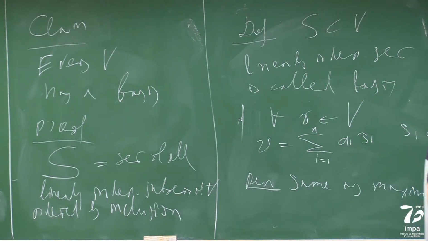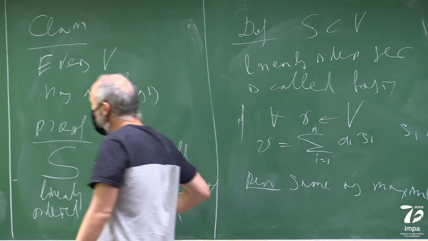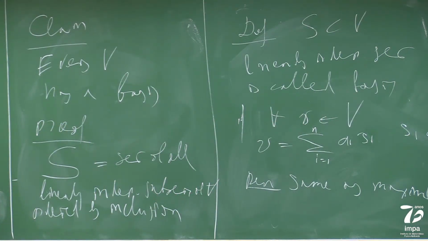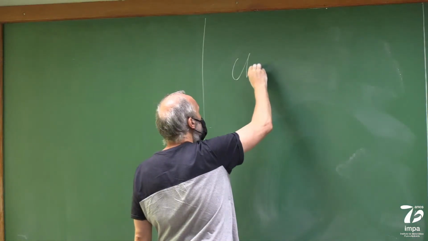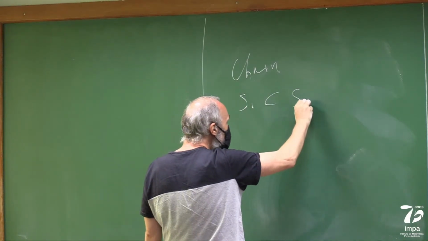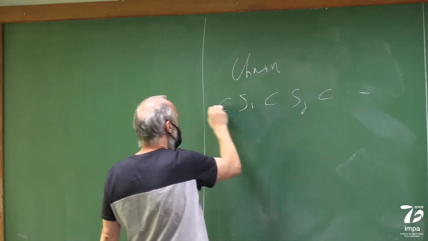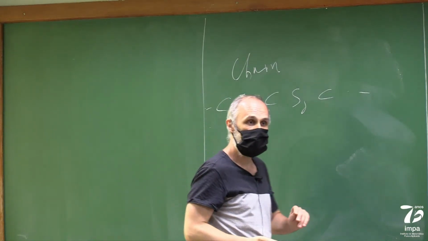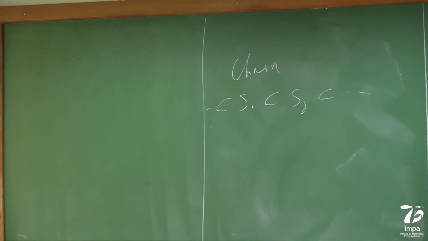Now, Zorn's lemma can be applied when you have a chain, maybe indexed by some even continuous set. So you have a chain S_i contained in S_j. Why is S not empty? It's obvious.